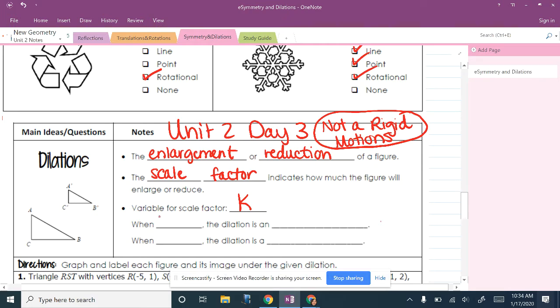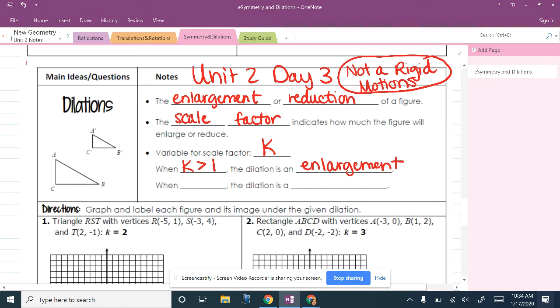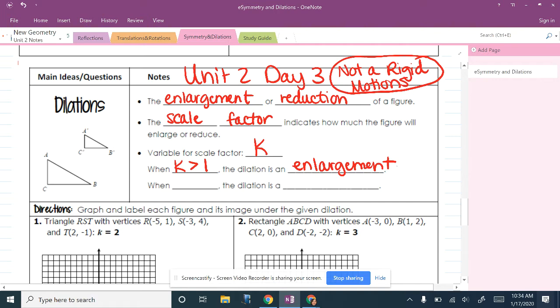When K is a number that is greater than 1, then you will have an enlargement. When K is less than 1, you're going to have what kind of dilation? A reduction or a shrinkage, right?